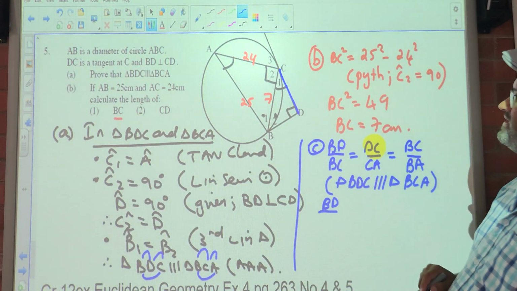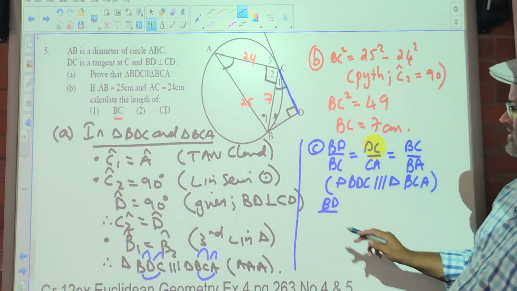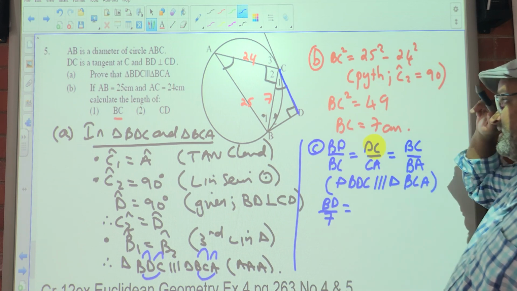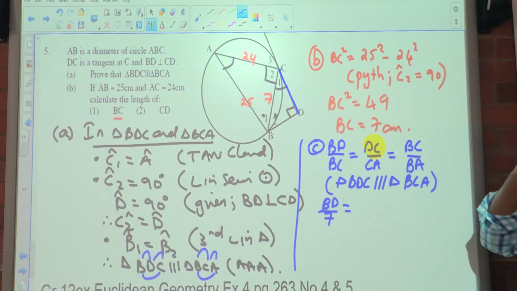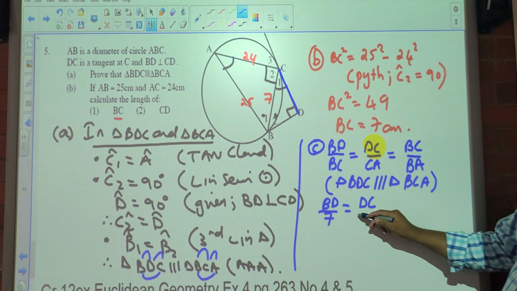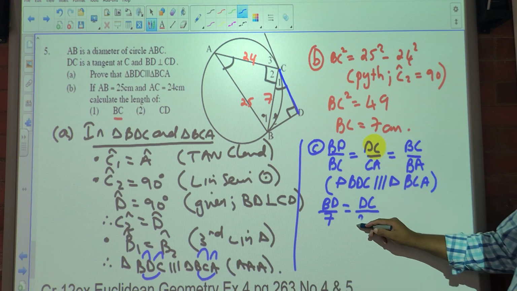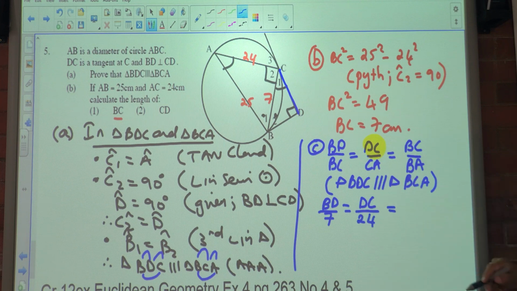Over BC, 7. Not so. Equals DC. So what we're calculating, DC over CA, 24, equals BC, 7 over BA, 25.